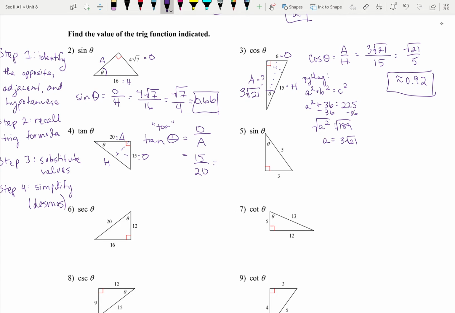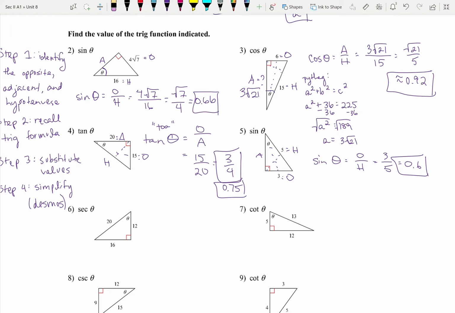Simplify that, and that is 3/4. Sine. Opposite. Hypotenuse. So this one would be adjacent. So sine of theta is opposite over hypotenuse. So 3 over 5, 0.6. Could have done the last one as 0.75. Don't have to.